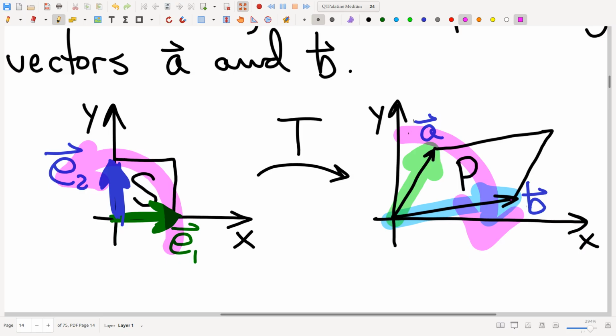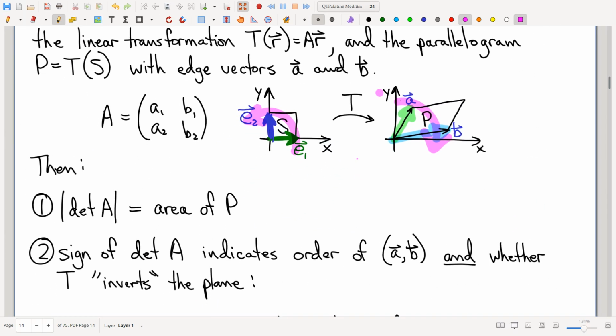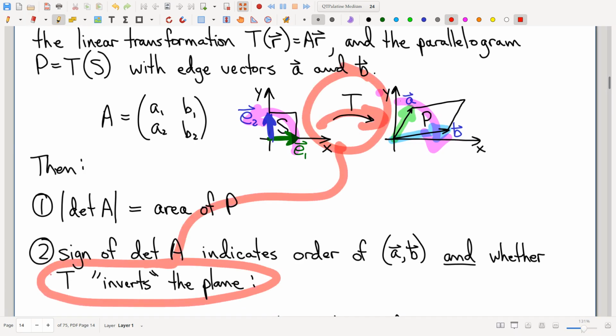So this is the alternative phrasing. The alternative conclusion is, instead of thinking about the order of the list, just realizing that it's telling you there is a reflection hidden inside of your transformation. Or the way that I wrote it, this transformation here inverts the plane.